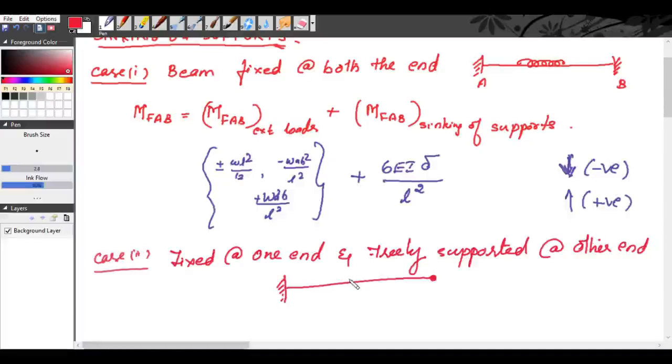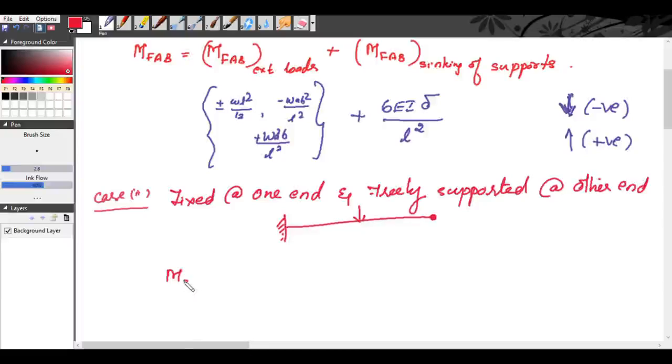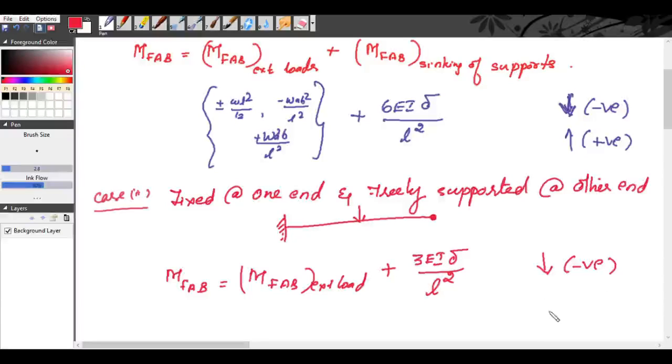You may have external loadings also. So in that case, your MFAB will be equal to MFAB due to external loads plus the sinking of supports term, which is equal to 3EI del by L square. And if the settlement is downwards, it is negative. If the settlement is upwards, it is positive. So these are the two things you should keep in mind.